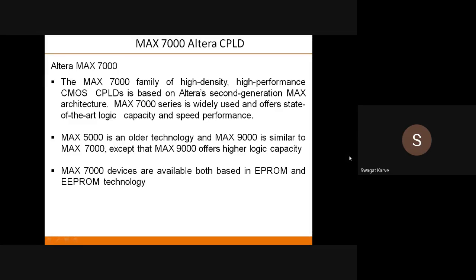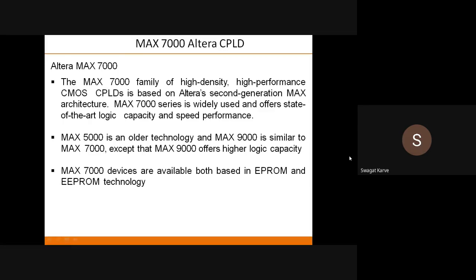It is the next version of the MAX architecture. The basic version is MAX 5000. MAX 7000 is an advanced version of that, and MAX 9000 is much more advanced than the MAX 7000, right? These MAX 7000 devices are available in both EPROM as well as EEPROM technology.